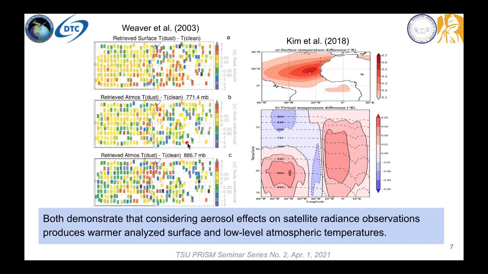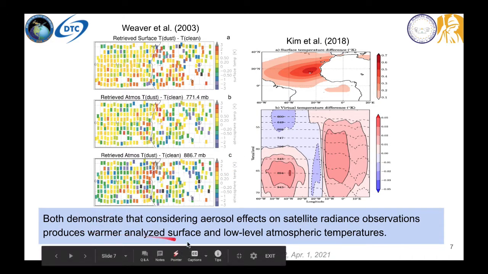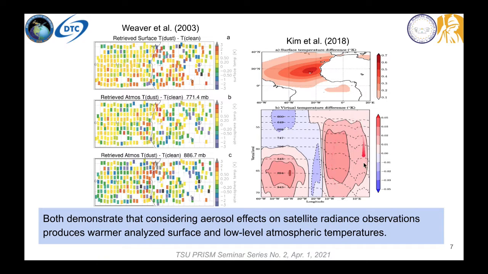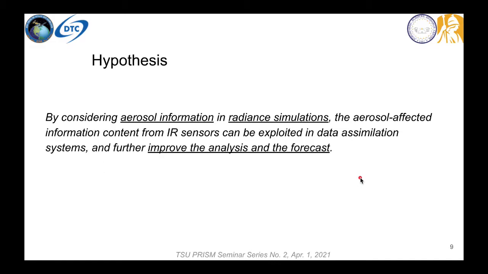In Gill et al. 2019, he shows the rejection rate for the aerosol affected observations. As this figure shows, about 60% of IASI observations are rejected due to the aerosol contamination in their system, especially over the Sahara Desert and the Middle East region.